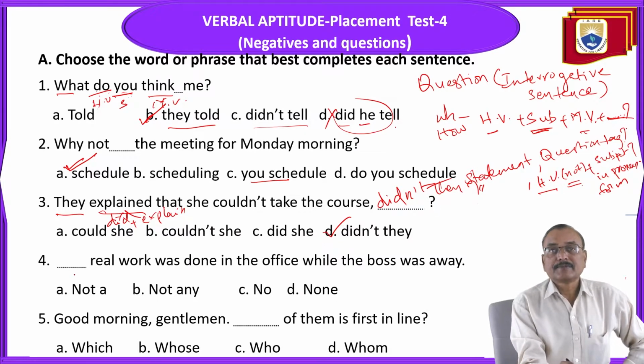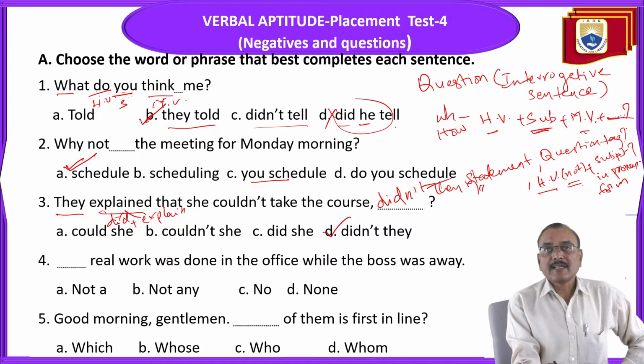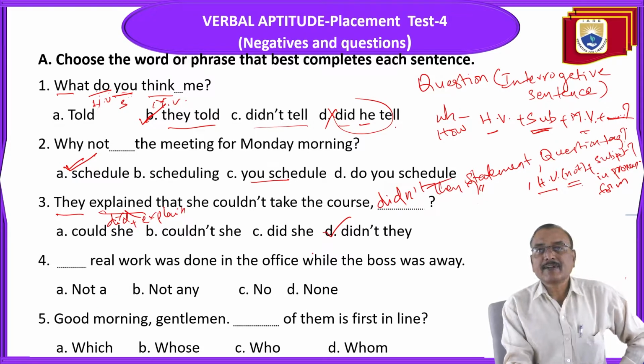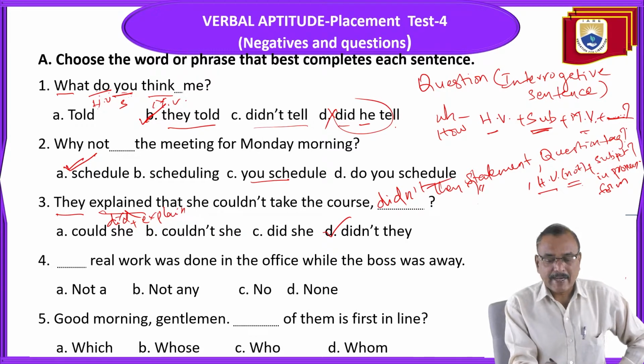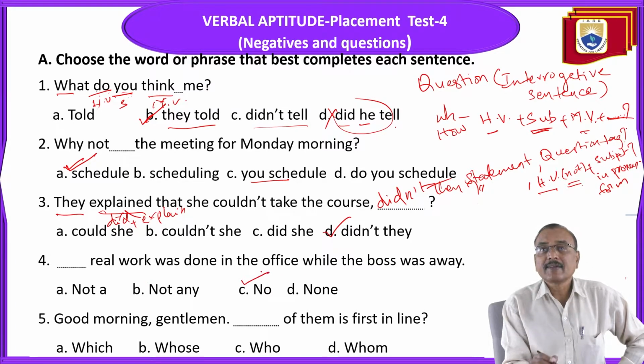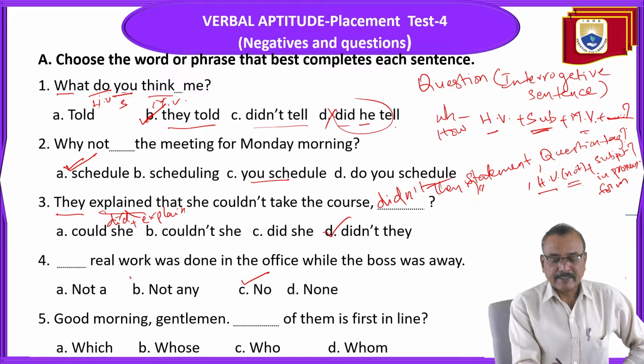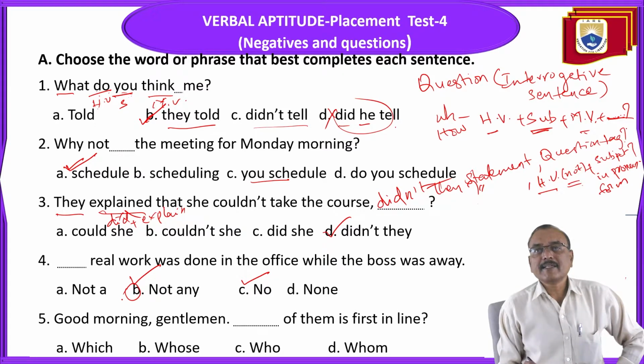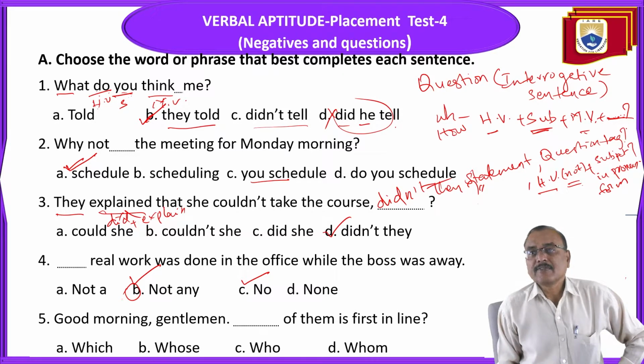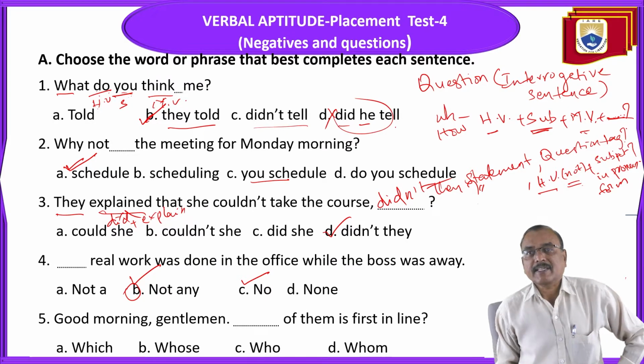So generally, not a real work was done is wrong. Not any real work was done you can use, or no real work was done in the office while the boss was away, or not any. You can give preference to this one. Not any real work was done in the office while the boss was away.